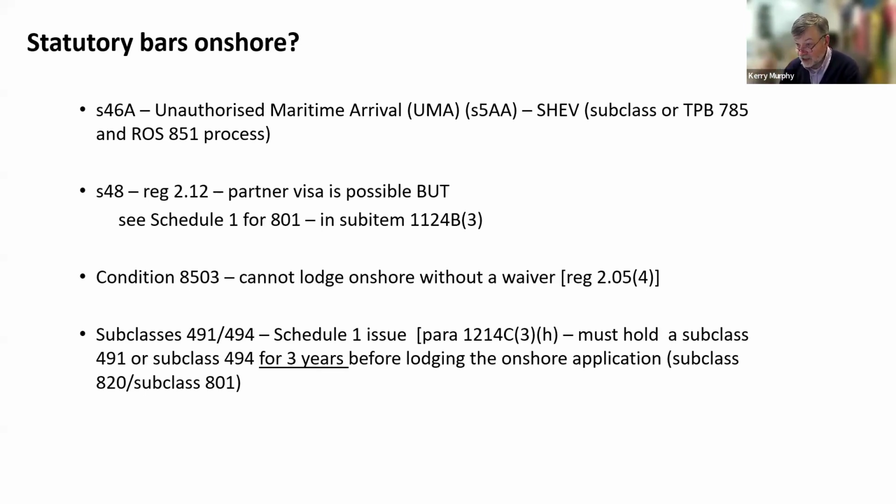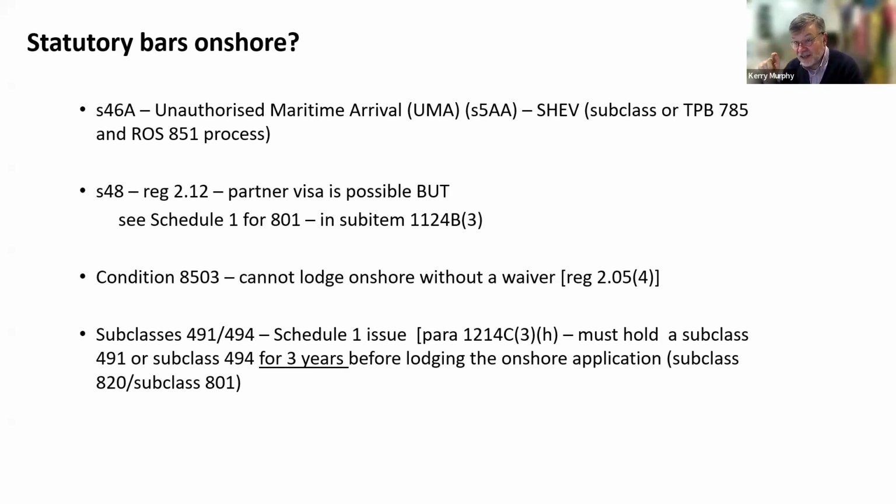Section 48 is a refusal ground where it says if you've been refused a visa since last entering Australia and you're in Australia and you don't have a substantive visa, so that means you might be on a bridging visa or maybe you're unlawful, then in those circumstances, can you apply for a partner visa?